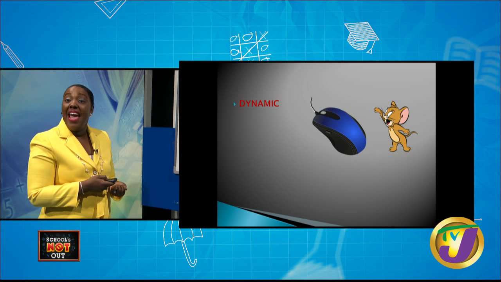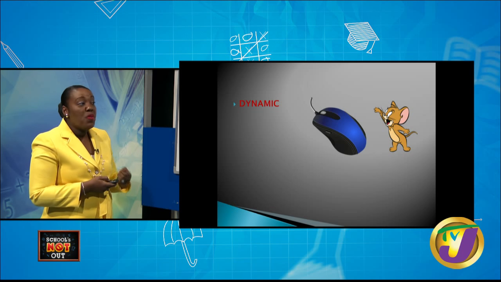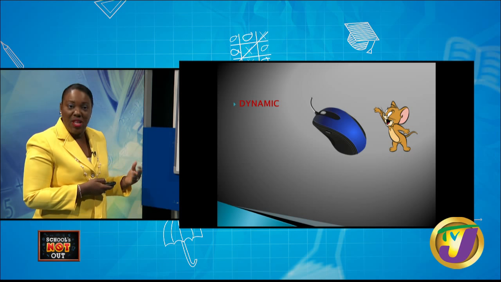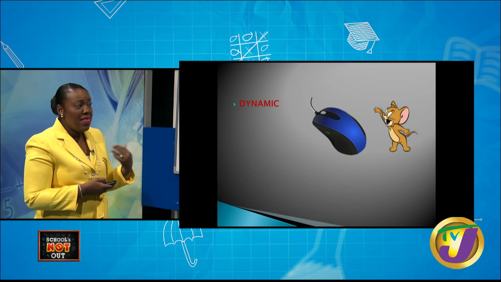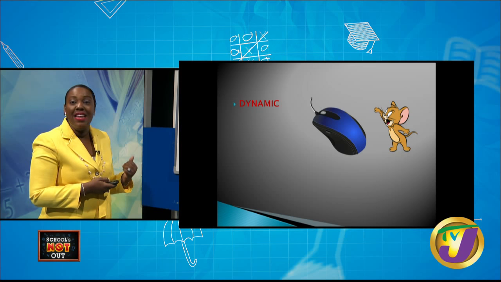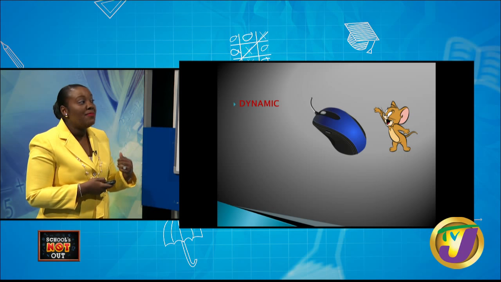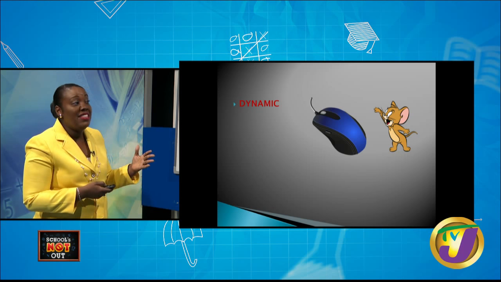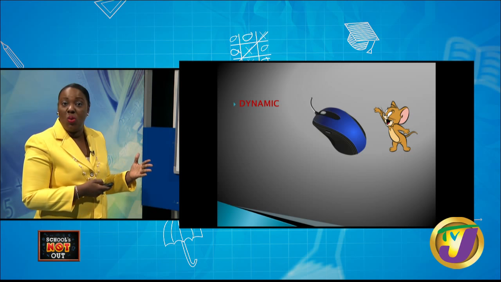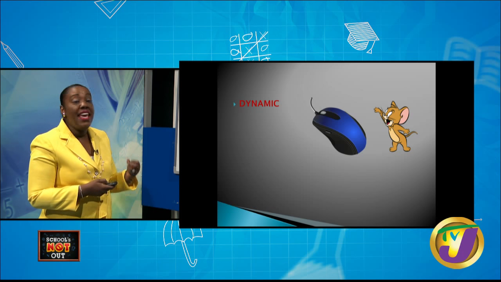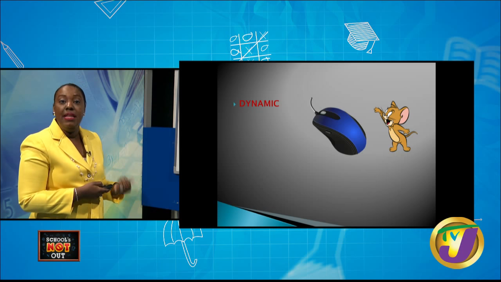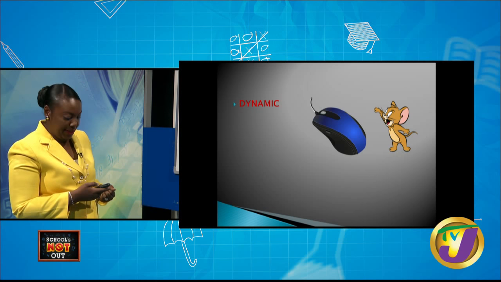But thanks to the advent of technology, when we use the word mouse, we are talking about that part of the computer, that device. So we are seeing that the dynamic nature of language is that we are adding new words to our vocabulary, and they take on different meanings depending on the context.